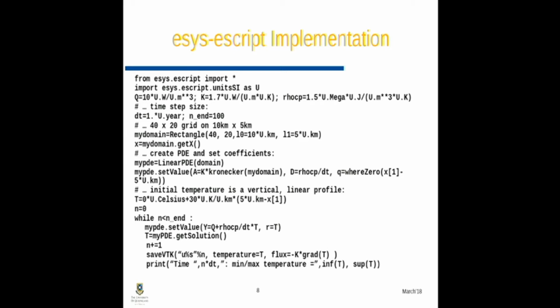If you run this on a parallel computer, then this would actually be distributed across thousands of cores potentially. Then we define the linear PDE and say what all these coefficients are. We set an initial value, and this is the loop which does the time integration step, moving it forward in time. We update the right-hand side here, get the solution, write this out for further investigation, and then iterate this in time.